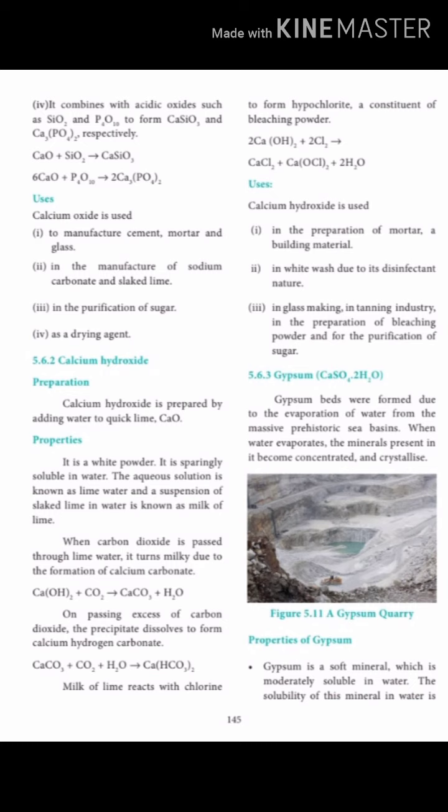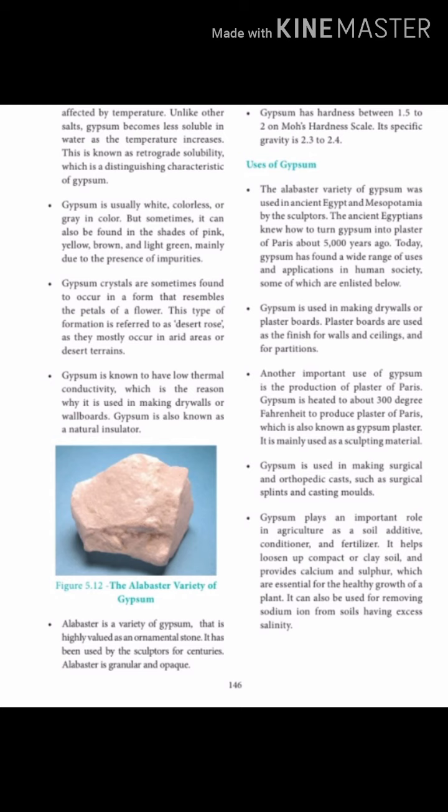Uses of gypsum. Gypsum is used in making drywalls or plasterboards. Plasterboards are used as the finish for walls and for partitions. Another very important use of gypsum is the production of plaster of Paris. Gypsum is heated to about 300 degrees to produce plaster of Paris, which is also known as gypsum plaster.